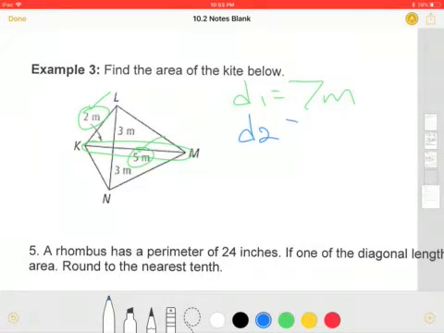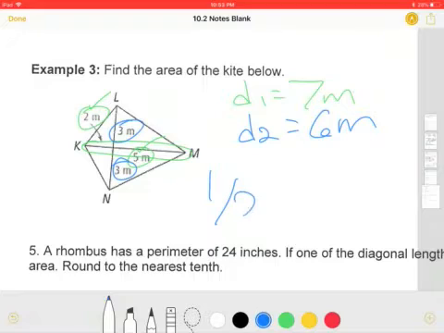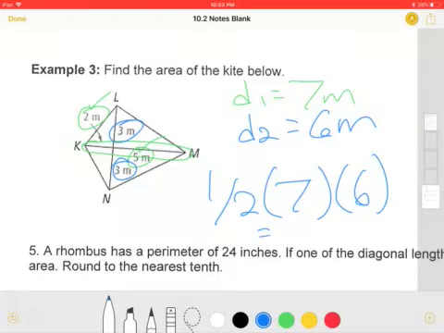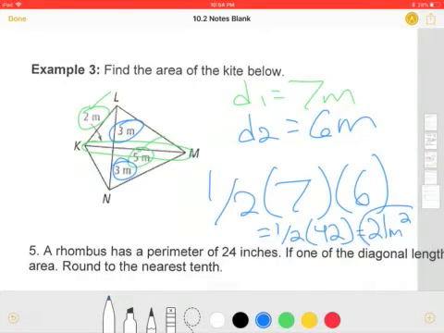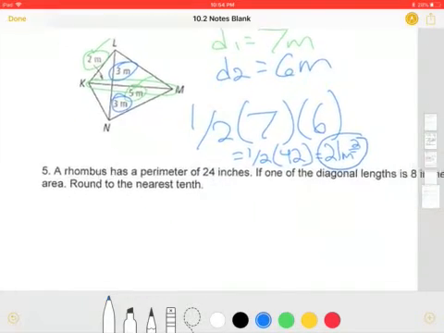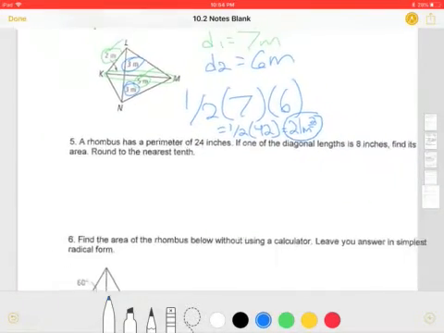For D2, the sum of 3 and 3, it's going to be 6. Recall that we're taking 1/2 D1 times D2. So we're taking 1/2 of 42. It's going to be 21 meters squared, right? Don't forget that it's squared. Simple, easy stuff.